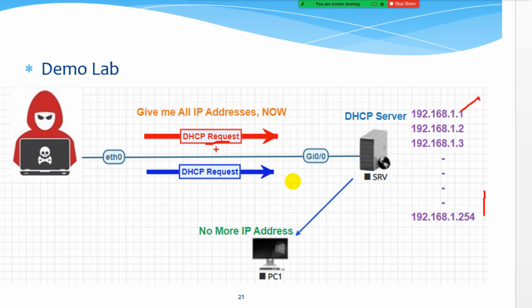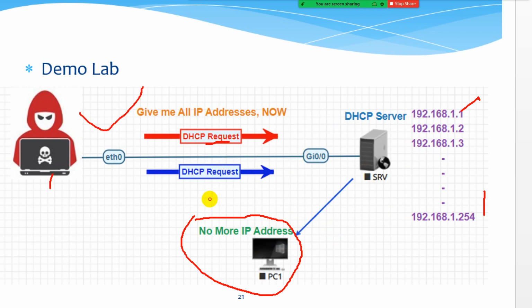I will send them messages saying I'm a new client, give me IP, give me IP, give me IP, until all these IPs are finished. And then when a proper person comes, the DHCP server will say, okay, I don't have any more IPs. All the IPs have been given to clients, and we don't have that many clients in the network, and they got all the IPs by attack.